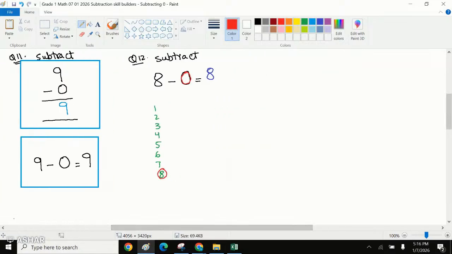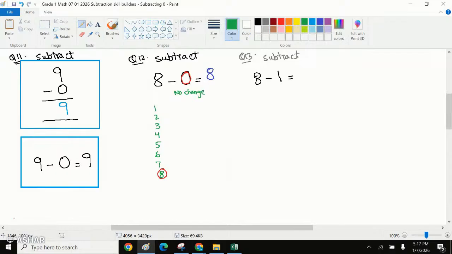But if I would change the question a little and I say in question number 13, can we subtract 8 minus 1? What is 8 minus 1? Now I'm changing from 0 to 1, right? Our focus is 0. But if it's any other number other than 0, whenever we subtract 0, that means there is no change. The number stays as it is.